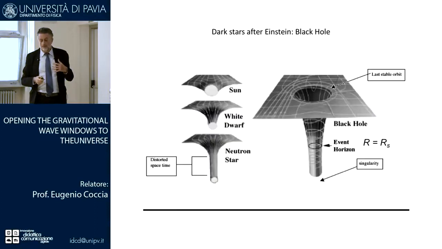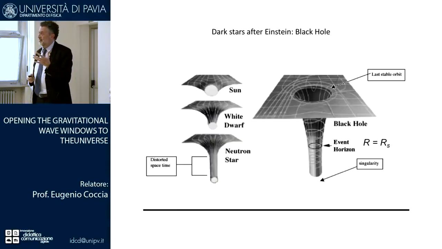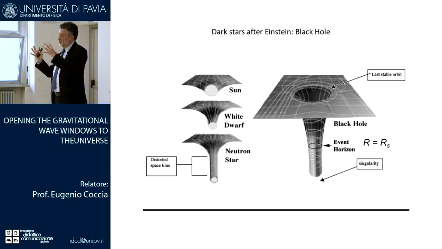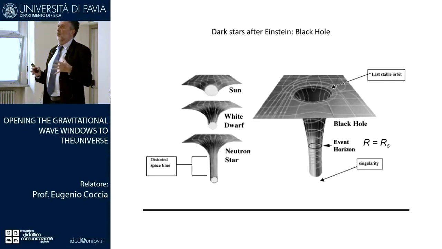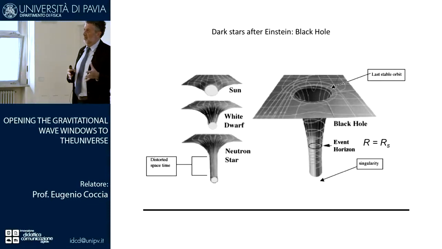Following Einstein, there is a difference. A black hole is not simply an object which is compact enough that not even light can escape. Following Einstein, when a collapsing mass arrives at this limiting radius, it goes straight to the center, to the point at the center. This is an infinite curvature right at the center of this object. So a black hole following general relativity is not a black hole following Newtonian gravity.